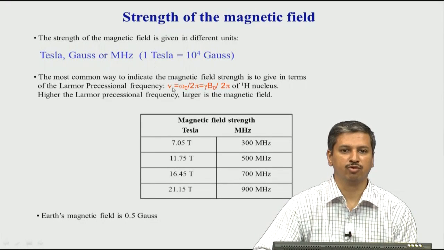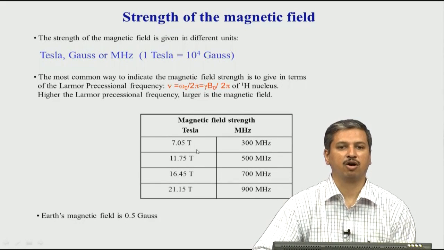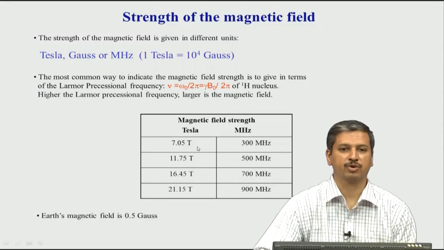Nu is a frequency, in hertz or megahertz, whereas B0 is in Tesla. If you multiply by gamma, which you can get from a lookup table, you will get the value of nu in the typical range of megahertz, and that is why all NMR systems are typically described in megahertz.